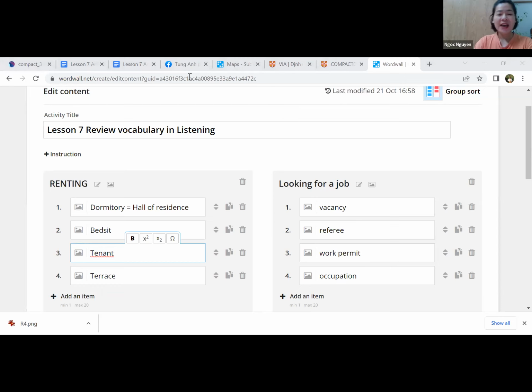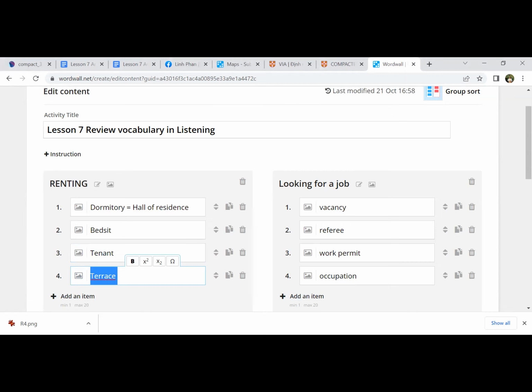Thank you. And finally, the word terrace. Ling, what does it mean? I remember that it's a place, but I don't know how to explain it. What is the activity that people usually do?